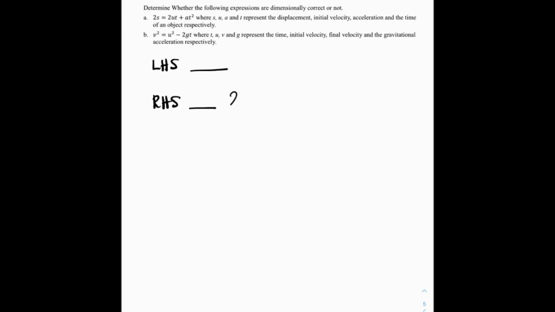Contoh dekat sini kita ada dekat right hand side kita ada 2ut plus half plus at square. So ini akan jadi part 1 of right hand side, ini akan jadi part 2. So kita akan analyse secara berasingan. And every single time you see any numerical term, kita akan ignore the numerical term dekat sini. Power kena consider. Okay, selamat menjawab.